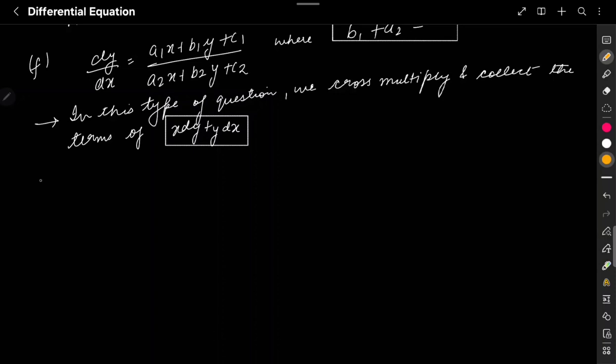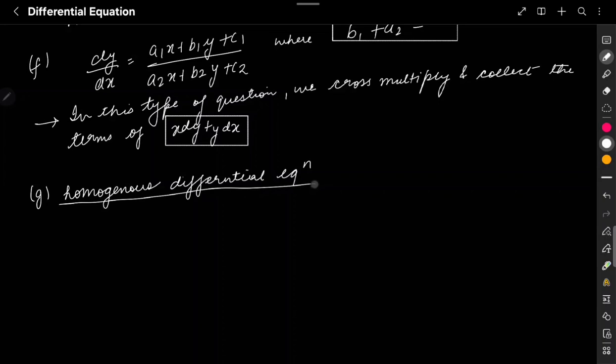Next we have homogeneous differential equation. Variable separation is over. So first thing, what is a homogeneous equation?